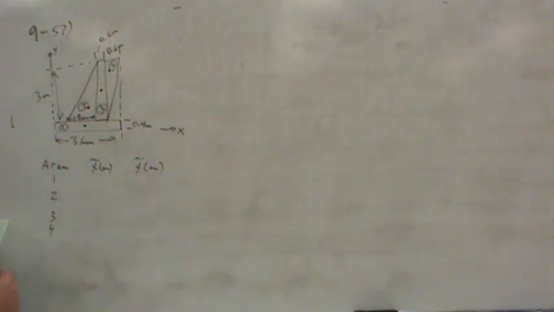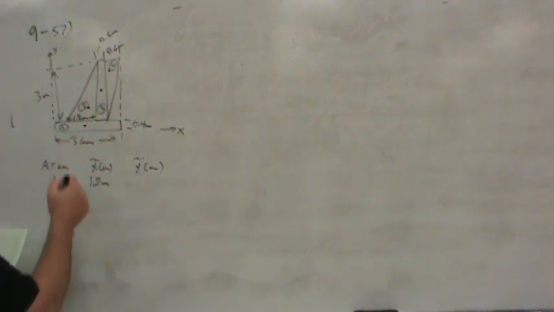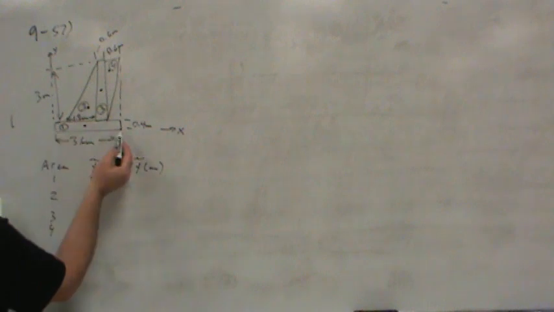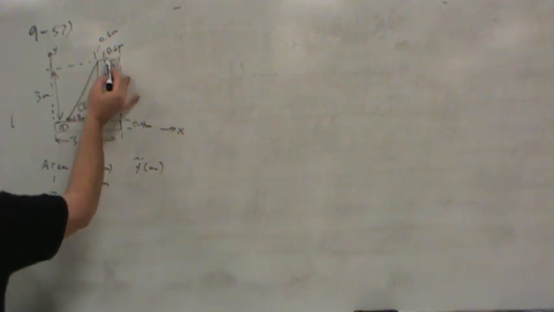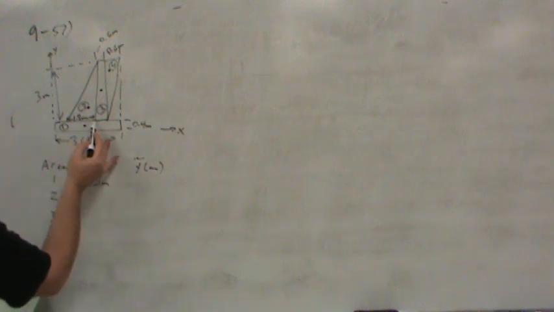For example, x tilde for area 1 would be half of 3.6 meters, so 1.8 meters. For item 2, I take 3.6, subtract 0.6, so 3, subtract 0.6 again, 2.4. That puts me right here at 2.4. Then move back a third of 1.8, which is 0.6 also.